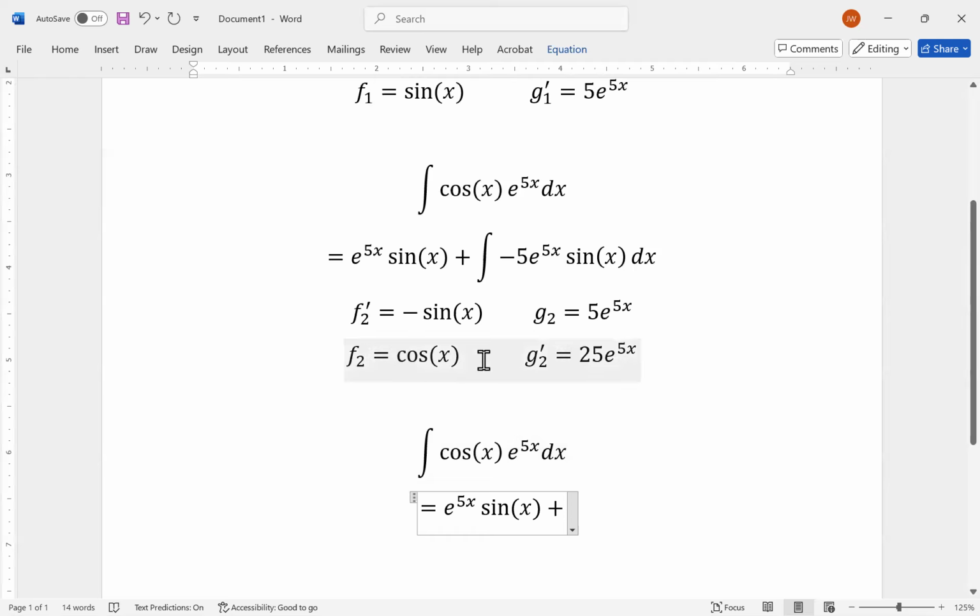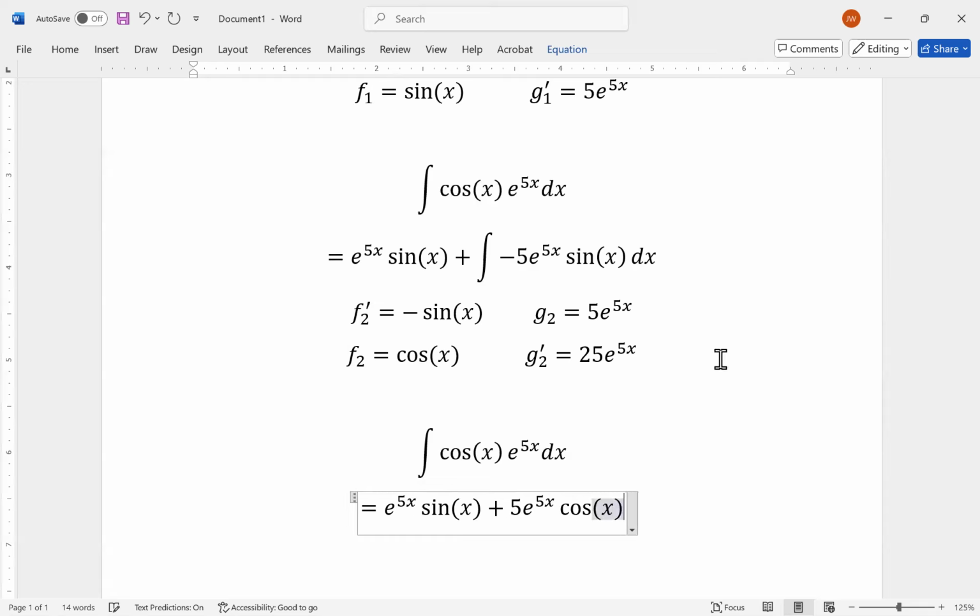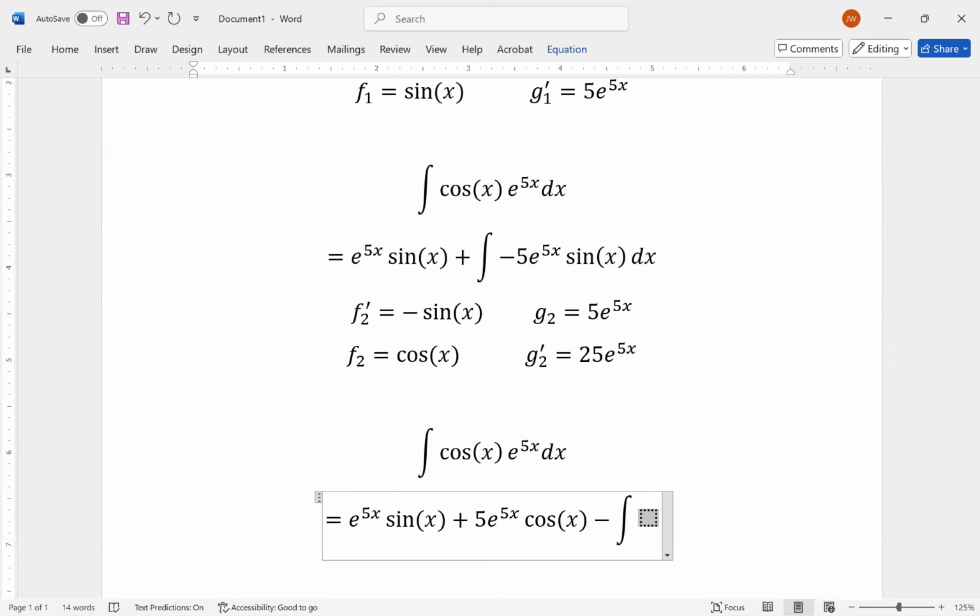F is cosine, g is this 5e to the 5x. So 5e to the 5x times cosine of x, minus the integration of f times g prime. That's 25 e to the 5x times cosine of x.